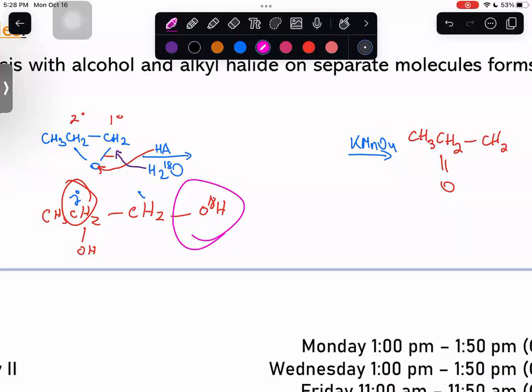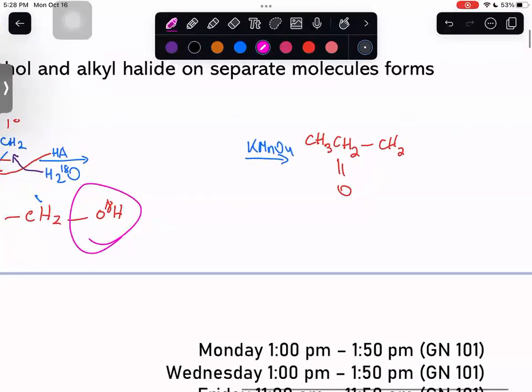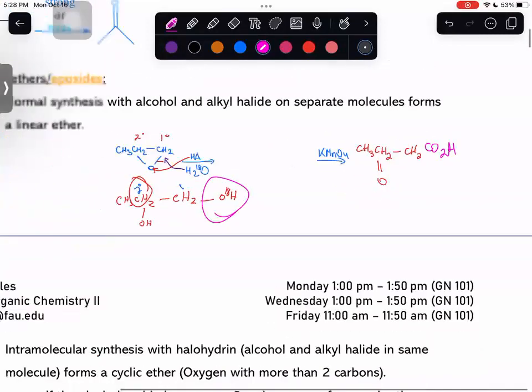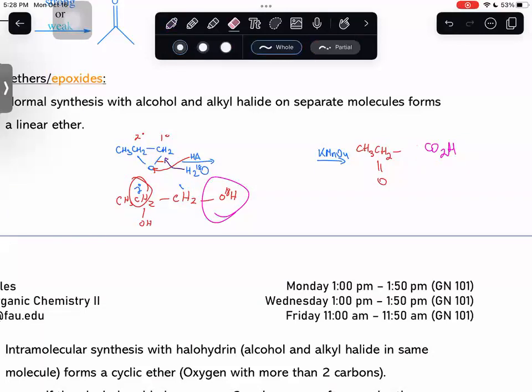What's going to happen? Carboxylic acid, because it's a strong oxidizing agent. KMnO4 is a strong oxidizing agent. So in this case, we're just going to have CO2H. If it were weak, we would still have that ketone, and instead of having a carboxylic acid, it would be an aldehyde.